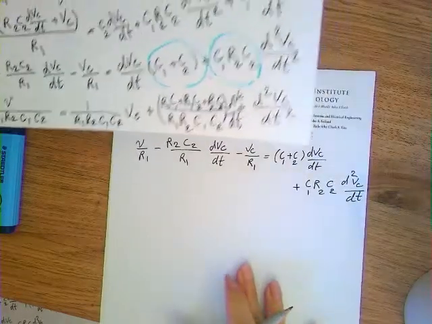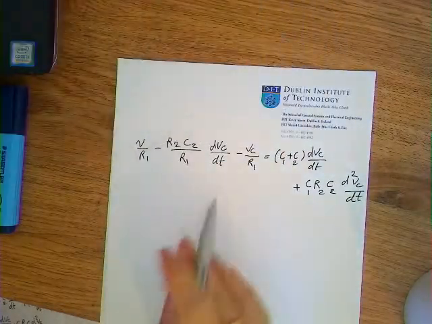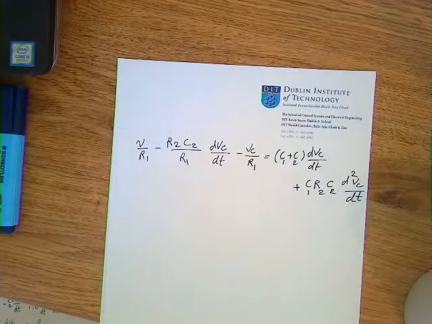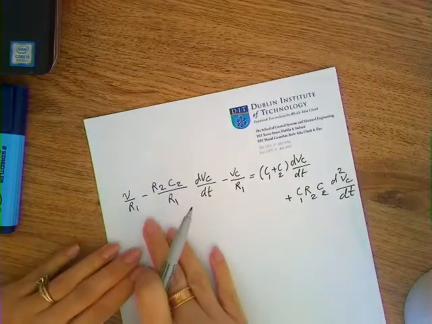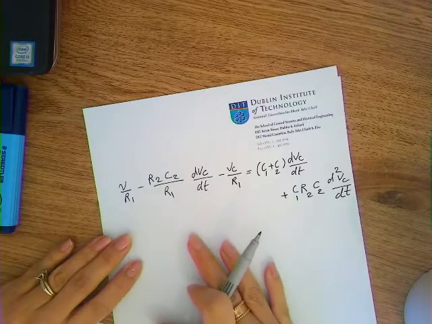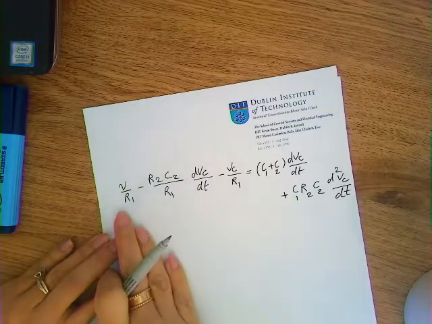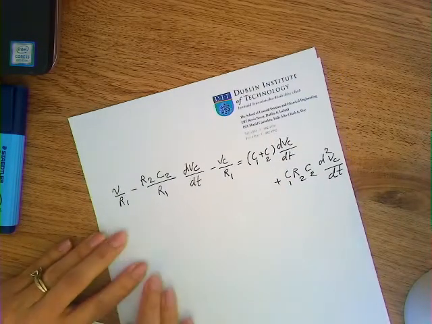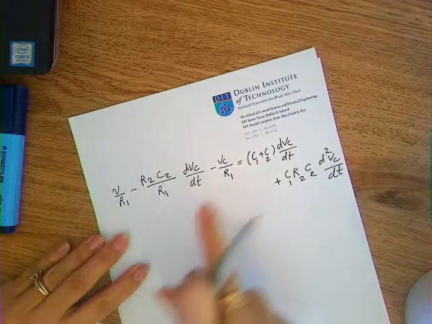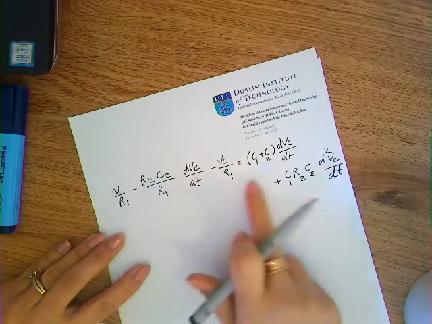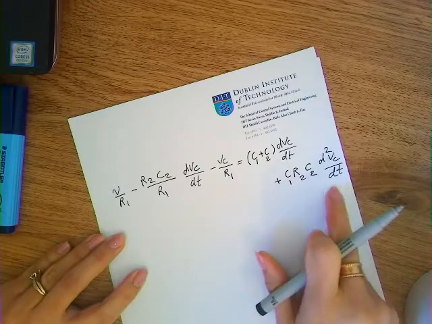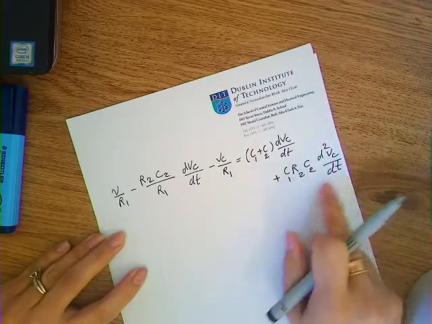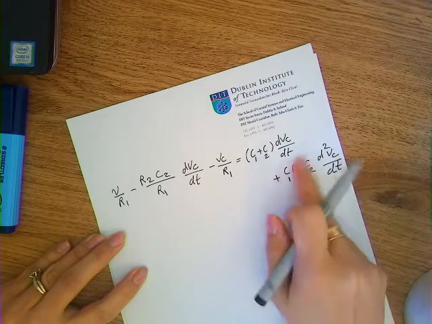Now I'm going to move everything to the right side and keep the V on one side, and then we want to simplify it and ideally get the second derivative without any constant.